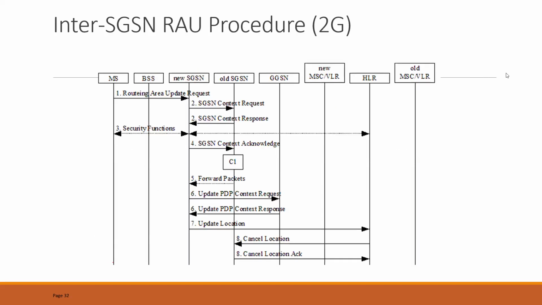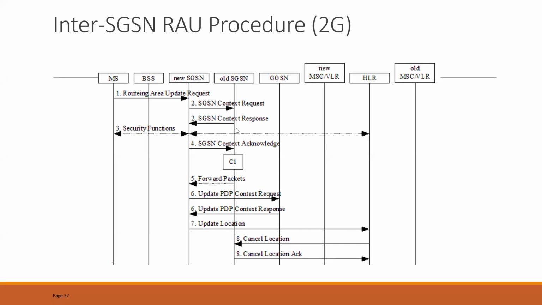Okay, so in 2G and 3G, there is a little bit of difference. You send a routing area update request, and here you send your old routing area ID and your new routing area ID. Based on your old routing area ID, the new SGSN is going to identify the old SGSN from the DNS, and it will send a context request because your context was previously existing in the old SGSN, and now you need to have the same context available in the new SGSN.